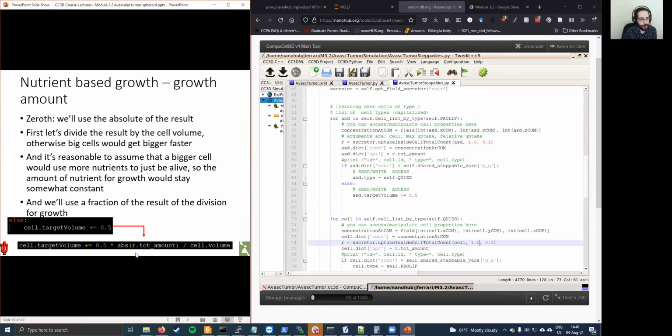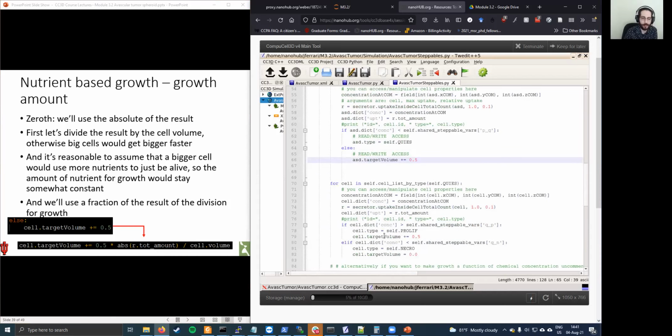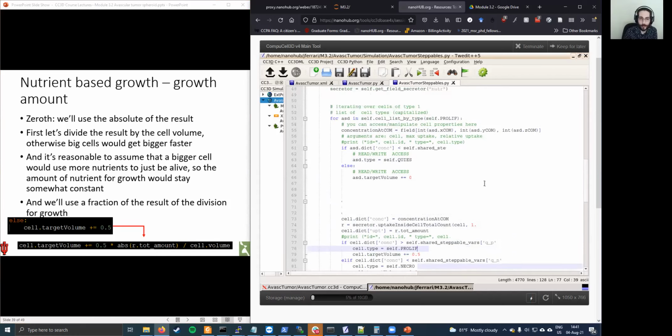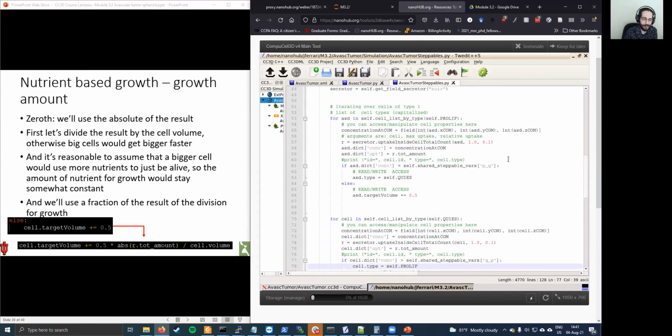So the next step here would be to change the growth based on this uptake. But before we do that, I actually want to change these ifs to be based on the uptake instead of being based on the concentration at the cell center. So thankfully, with the parameters that I used, the result of the uptake is going to be the cell volume.